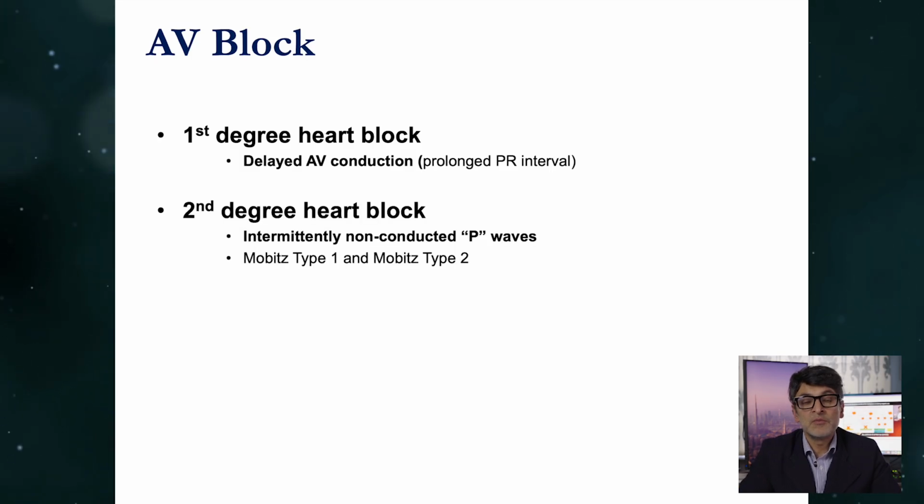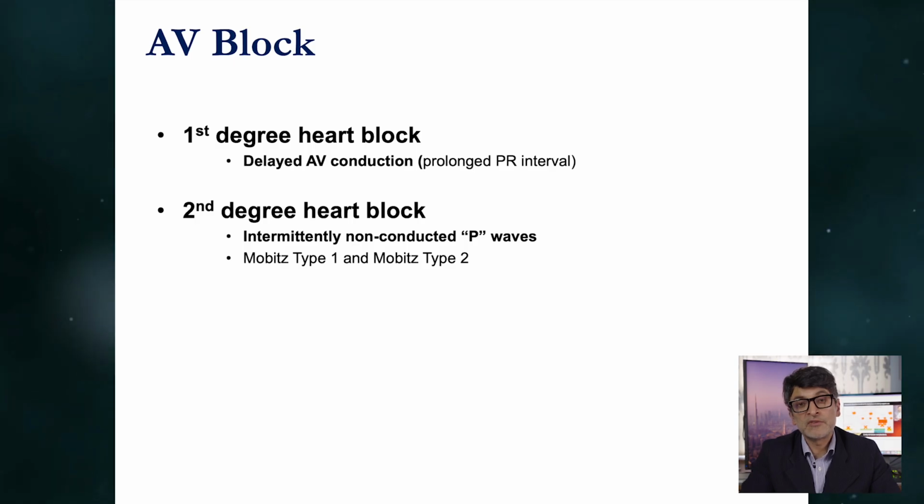Now things start to get a bit more interesting when we have second degree heart block, and there are two types of second degree heart block. There is type 1 and type 2. We can talk about second degree heart block where you have P waves and every P wave is not followed by a QRS. What tends to happen in type 1 heart block is that a P wave followed by a QRS is then followed by another P wave followed by a QRS.